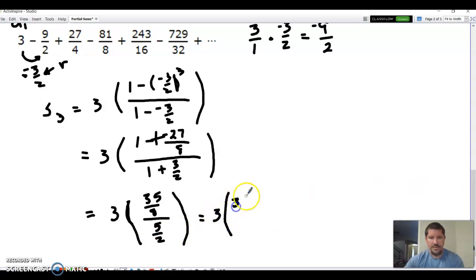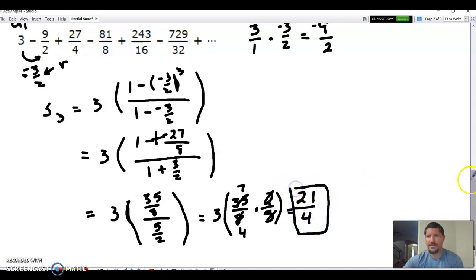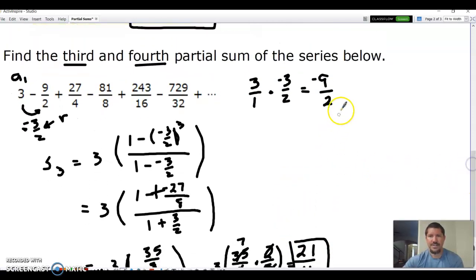So that's going to be 35 over 8 times 2 over 5. Makes that 4, makes that 7. So now 3 times 7 is 21. We get 21 over 4. I know, it's math.